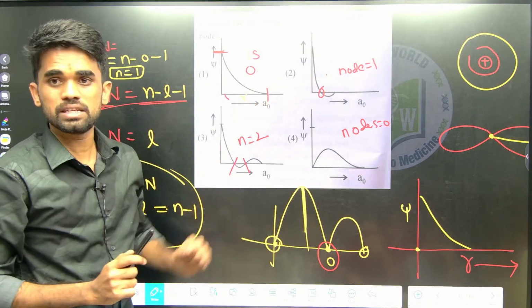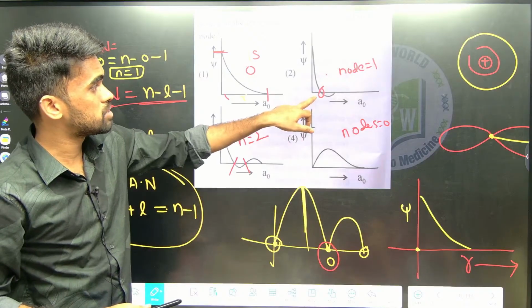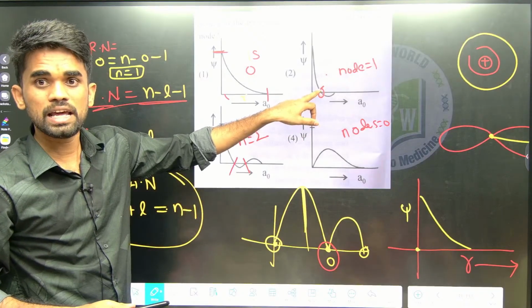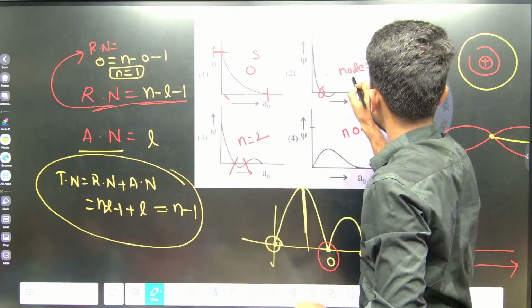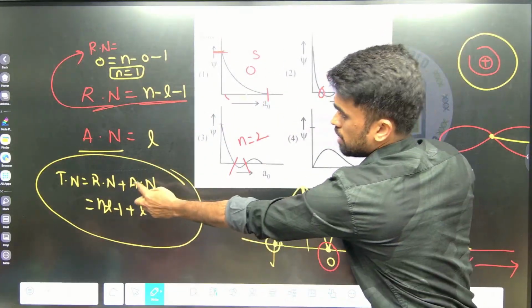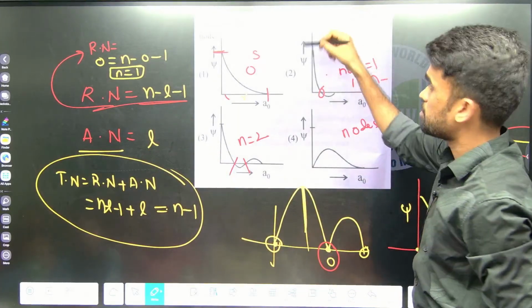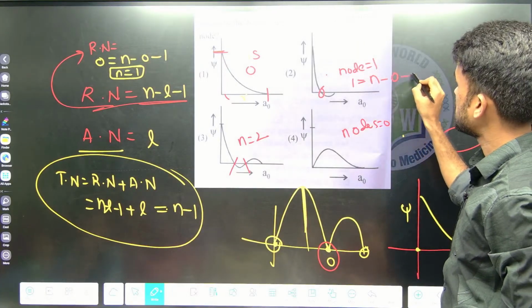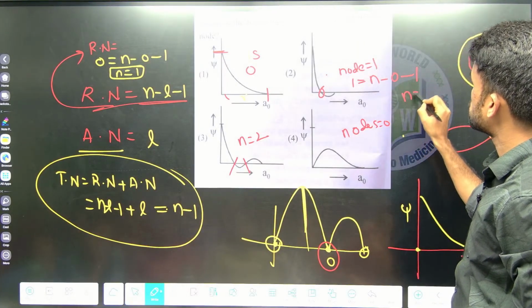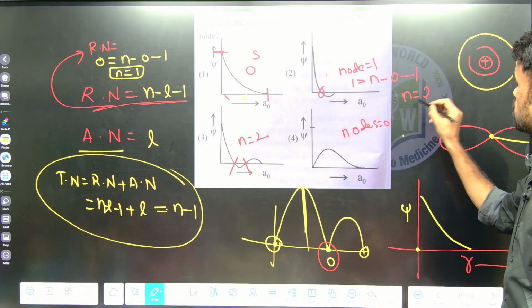Similarly, you tell me for this one. How many times is it touching? 1. So radial nodes are 1. Then 1 equals n minus 0 minus 1, so n equals 2.